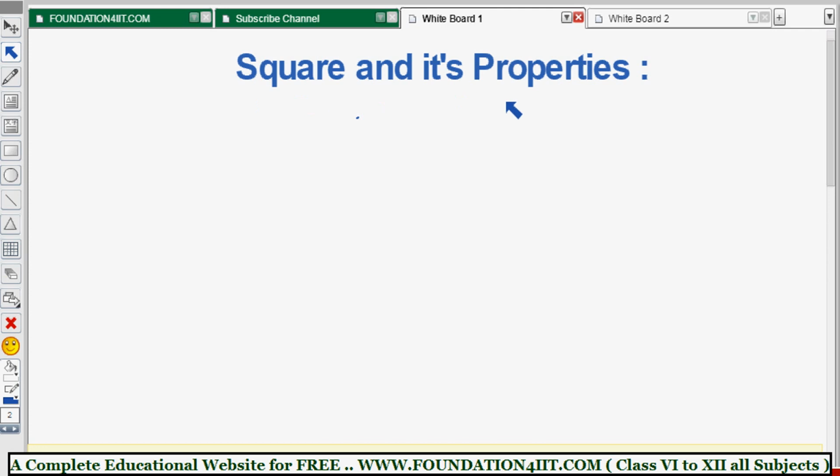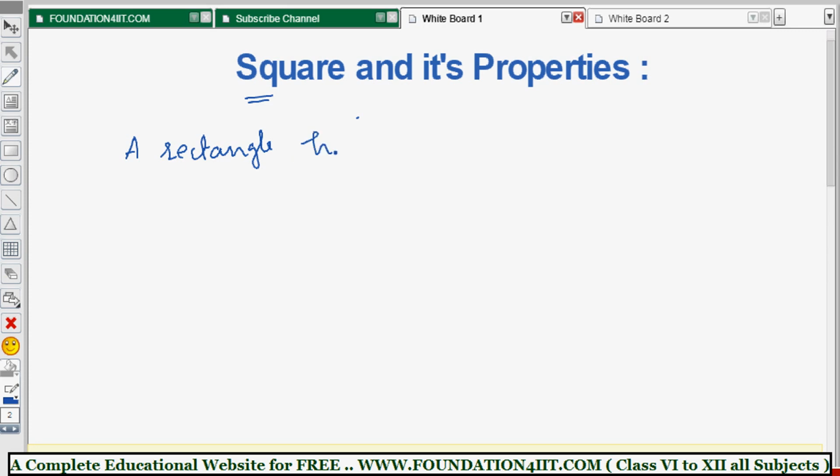Square and its properties. So how can we define the square? The square definition will come from the rectangle, because the rectangle definition we took from the parallelogram. So you have seen already the properties of a rectangle.